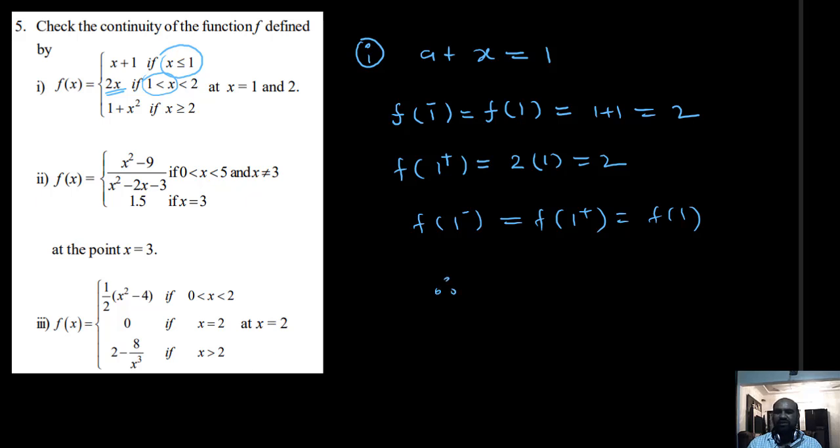Therefore f is continuous at x equal to 1. So this is the answer for the first one, that is continuity at x equal to 1. The function is continuous at x equal to 1.